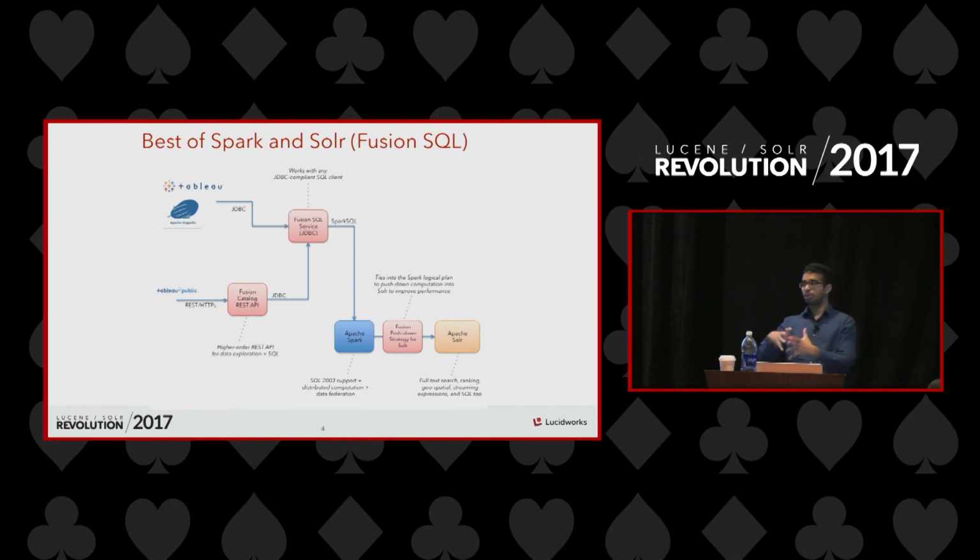This happens when we are booting up the SQL service. It doesn't happen during the job run. Whenever a query comes in, it goes down through the extra strategies that we add.